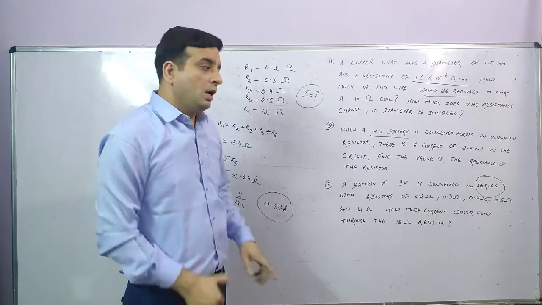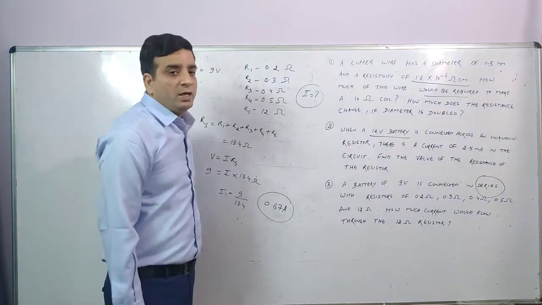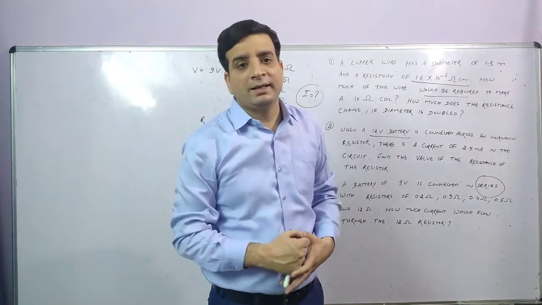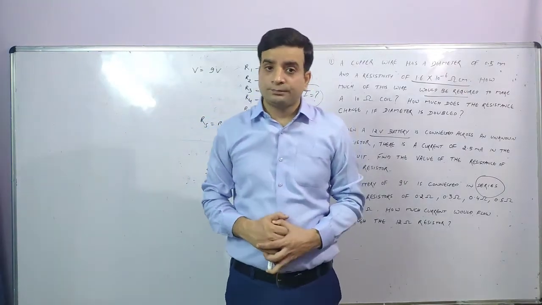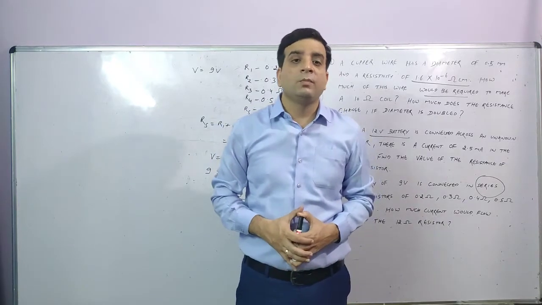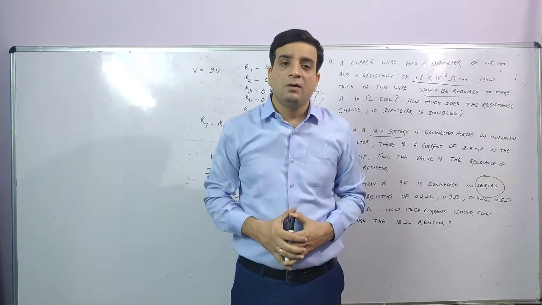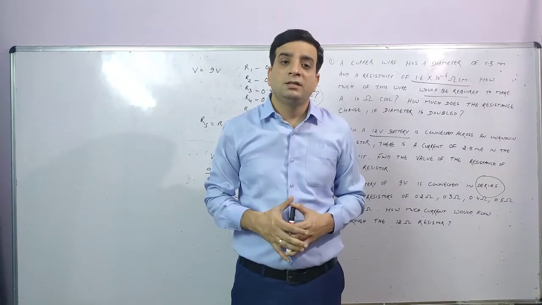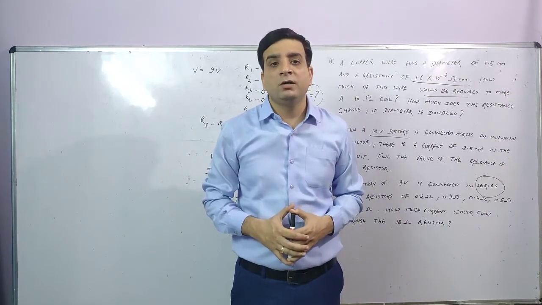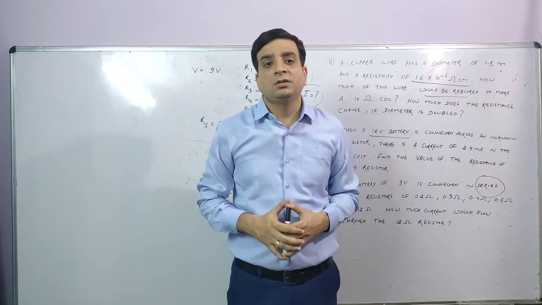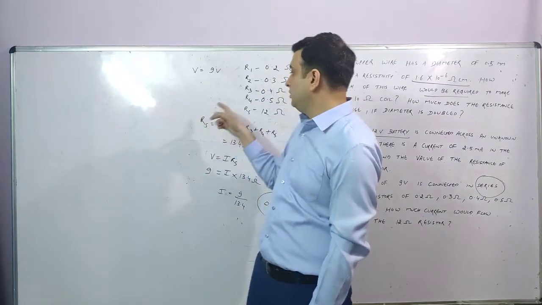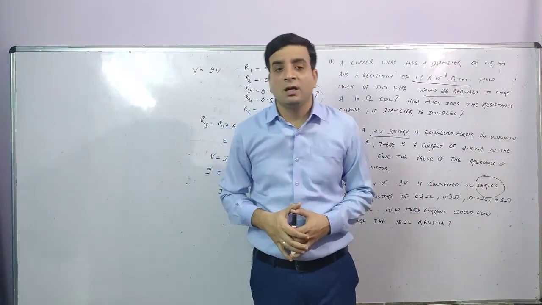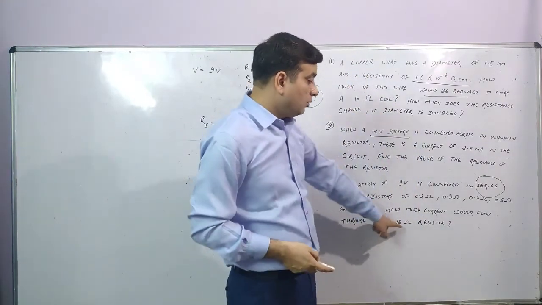So be careful. After solving up to this point, you have to write a line or statement, because all of them are connected in series. So according to the rule of combination of resistors in series, when current flows through the series, each of the resistances will have same amount of current. की करंट की वैल्यू रजिस्टर में चेंज नहीं होती है. तो इसकी वजह से क्या होगा कि चाहे फर्स्ट हो, सेकंड हो, थर्ड हो, फोर्थ हो, फिफ्थ हो, all will have same value of current, and they are asking in 12 ohm resistor.